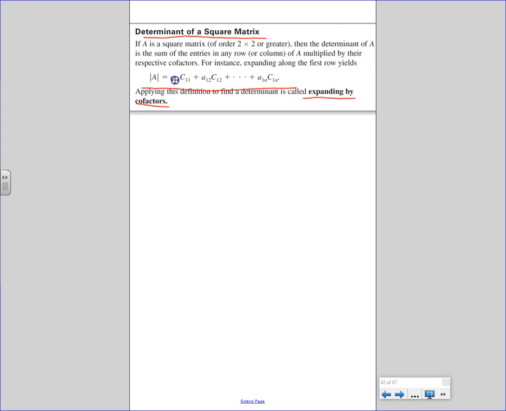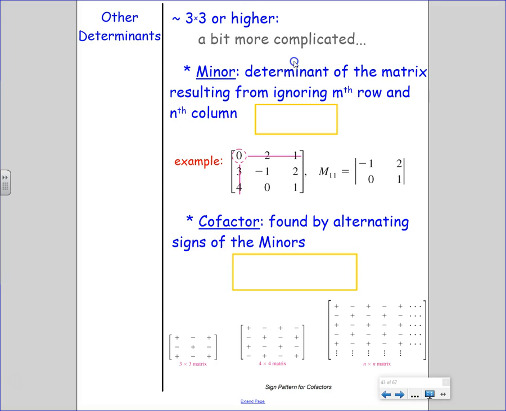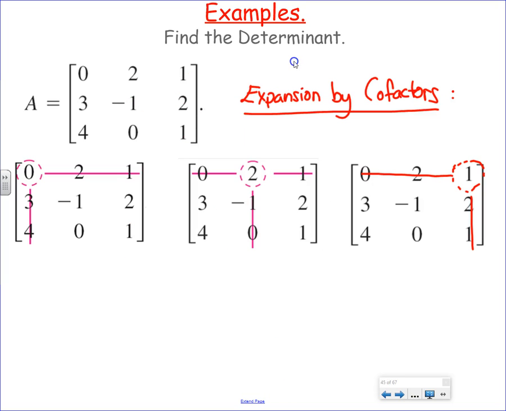So here's an entry, and you would take all of the entries in any row or any column. And in this one, we've taken all the entries from row 1. But we could have done row 2 or row 3 or column 1 or column 2 or column 3. Expansion by cofactors says choose a row, choose a column, and think about every single entry in that column.